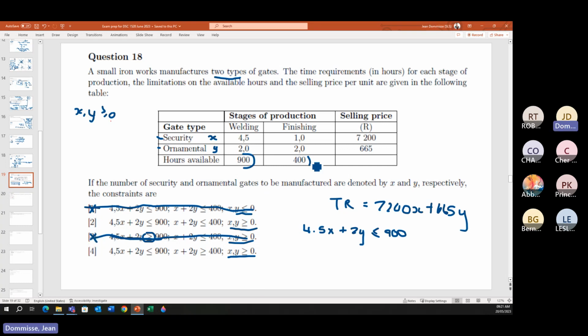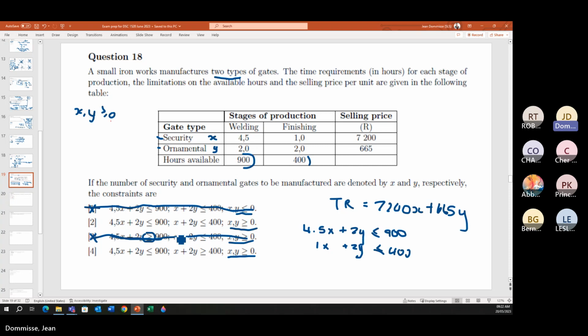Okay, and then for the next one, finishing is 1x plus 2y, and that is also then smaller or equal to 400. Again, we've got the one that says bigger, which can't be.